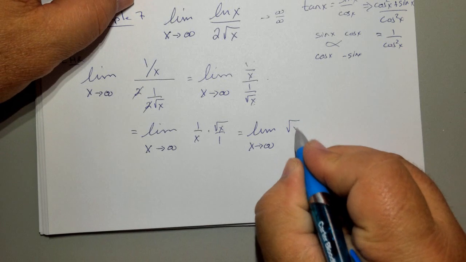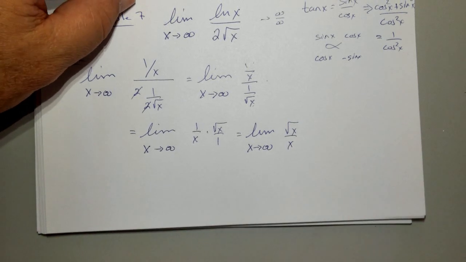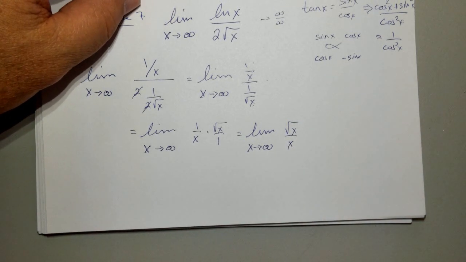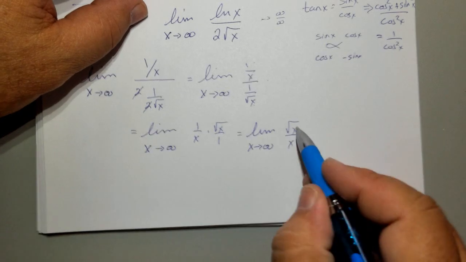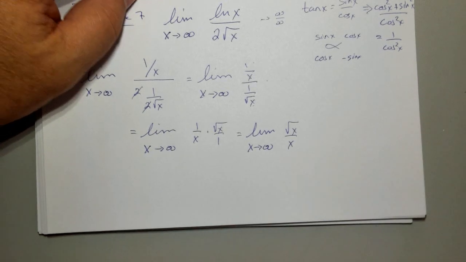We have square root of x over x. What can we do now? Remember, at the top and bottom, they're both going to infinity.